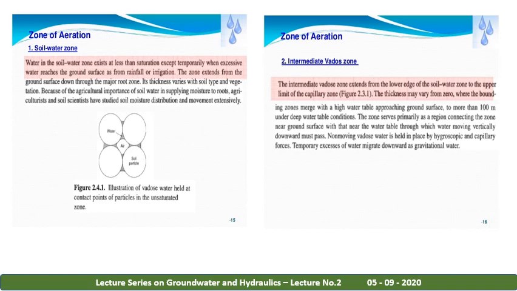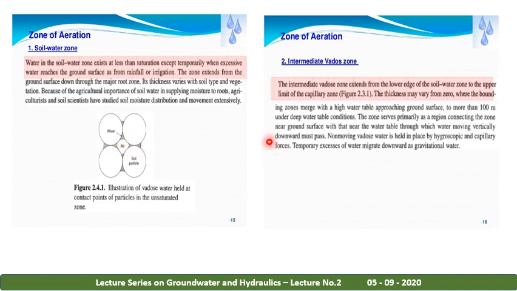we have the first layer, the soil water zone, that is the soil moisture zone, where water will fill up to the maximum capacity of the soil. As you can see in this diagram, water and soil particles are illustrated in the zone where air is also present.